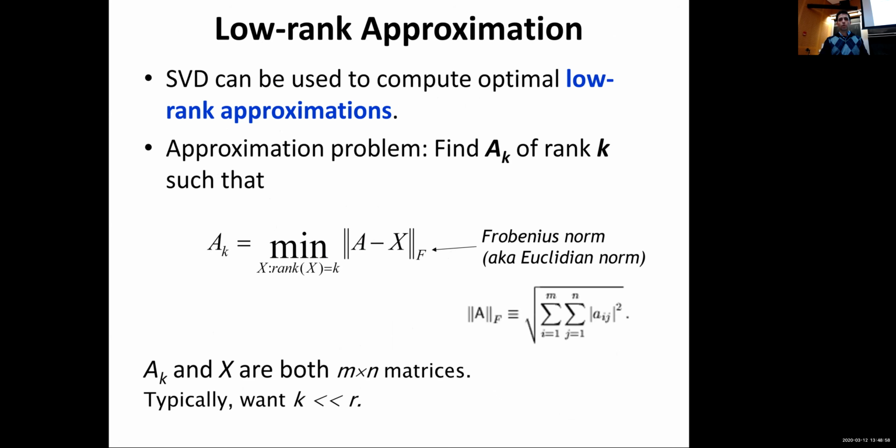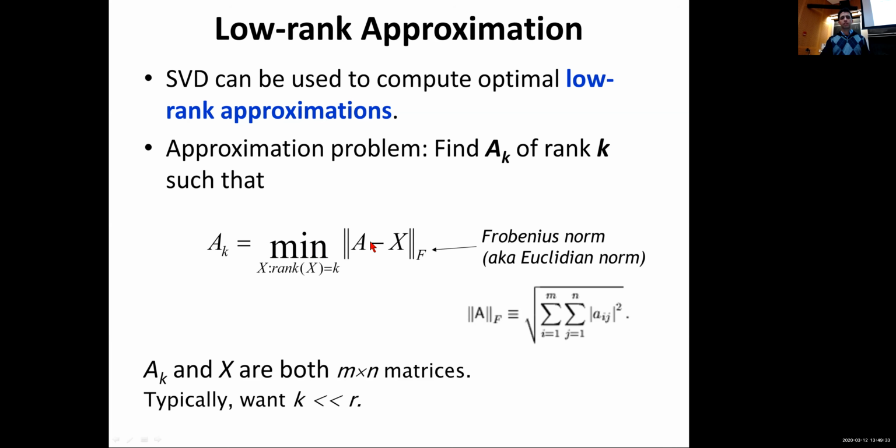What this allows me to do is find an optimal low rank approximation of my matrix A with rank K that minimizes the difference between the original matrix A and my approximation X, given this Frobenius norm, which is the sum of squared differences for each of those.